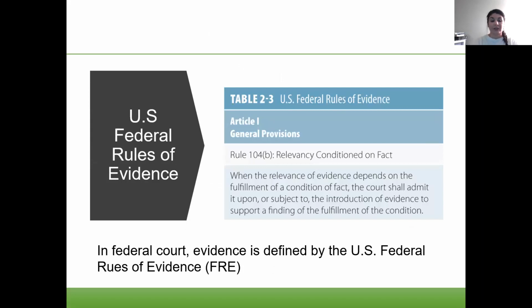So in federal court, evidence is defined by the U.S. Federal Rules of Evidence. Article 1 says relevancy conditioned on fact.